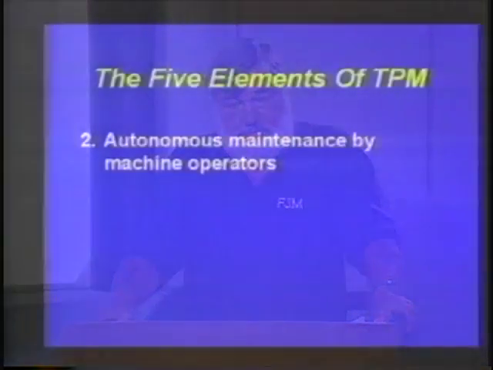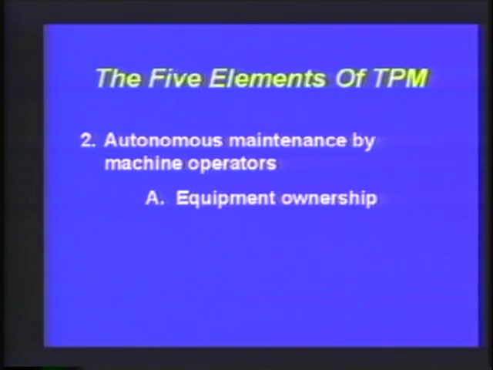Now, we want to have machine operators feel that they're autonomous individuals. Number one, that autonomy means that they own the equipment. One of the interesting features of some companies when they have a TPM program is at the initial stage of interviewing new personnel, they actually indicate and go through a training program.